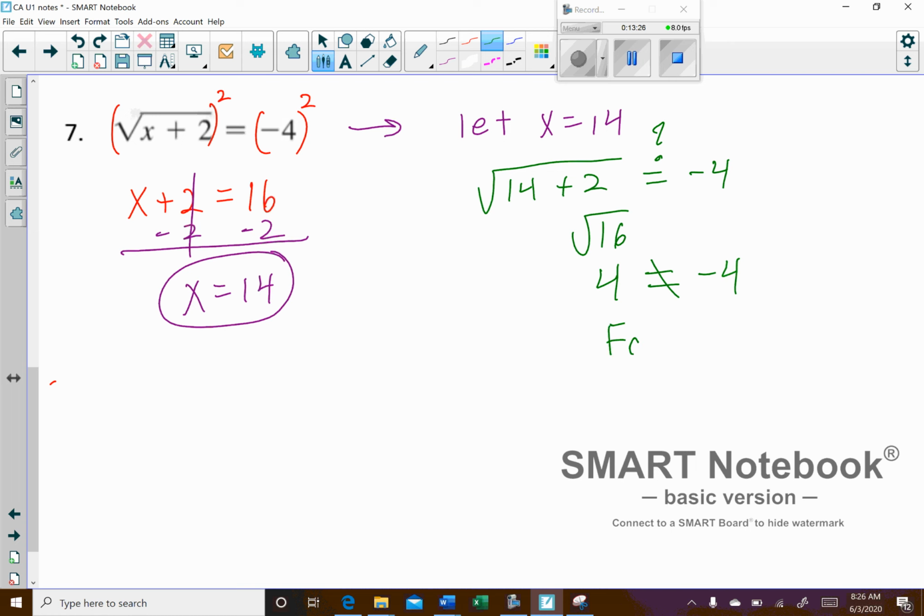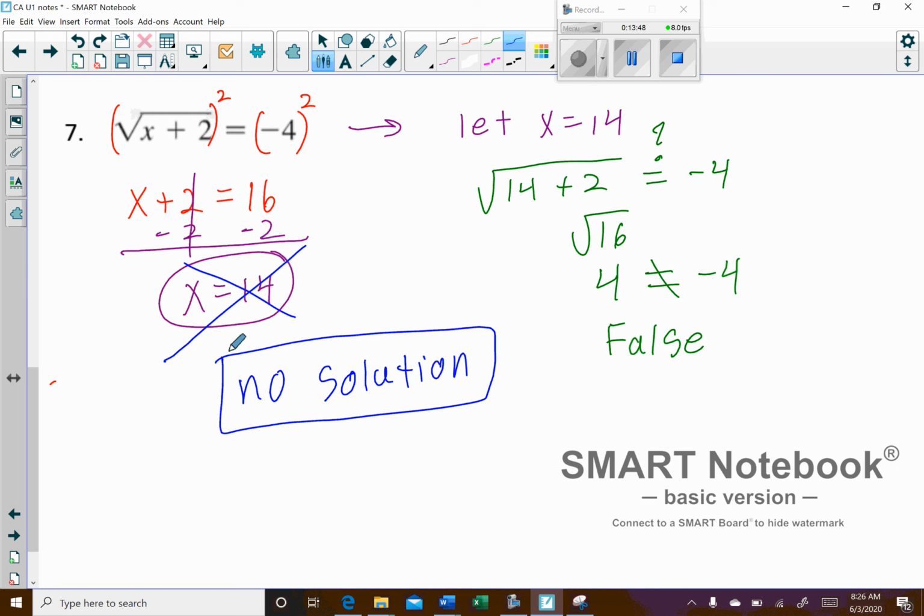So that is going to be false. So the answer that we came up with actually does not work. And so we're going to say no solution. And when you're doing your homework, that will be one of your options for every question, is to put no solution.